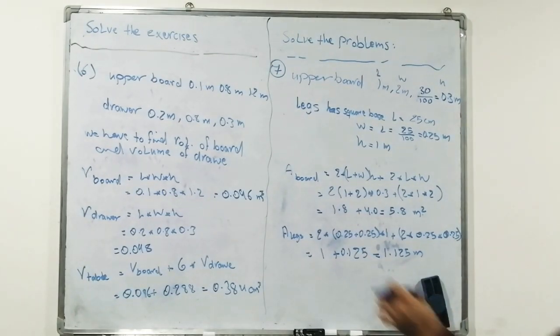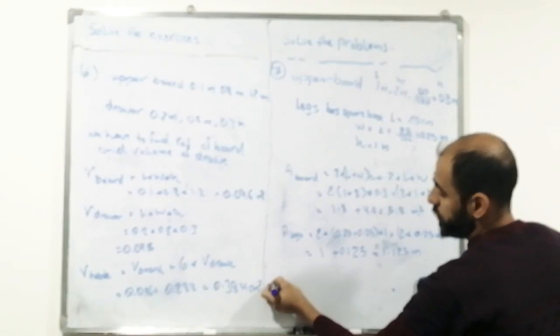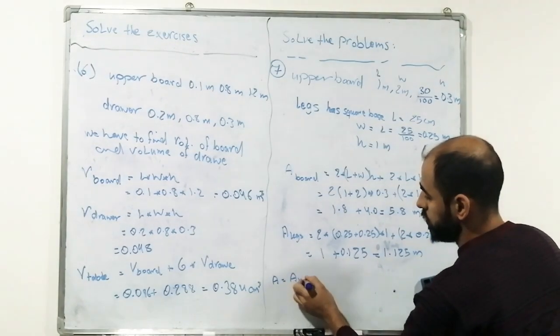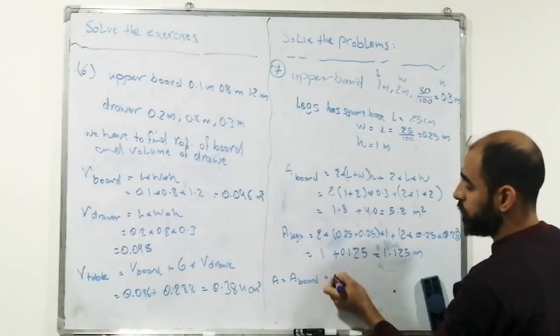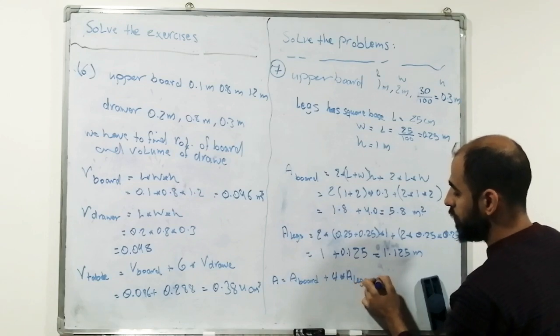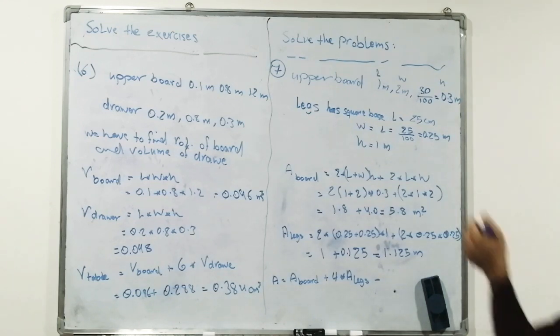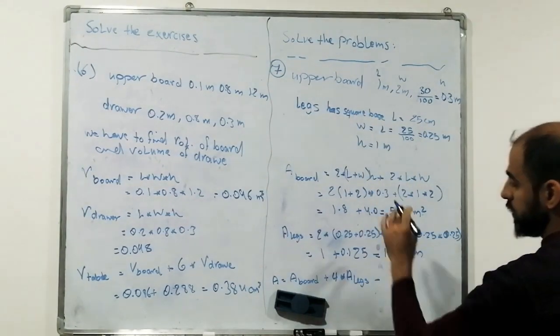Now to find the area of the whole shape, it equals the area of the board plus the area of 4 legs, so 4 by the area of a leg, minus the common area. Here the common area is the area of a square.